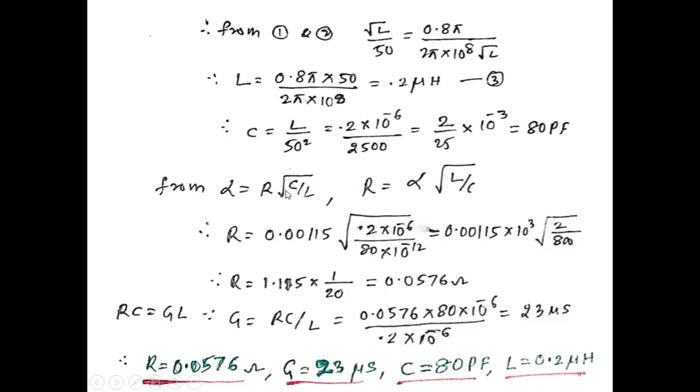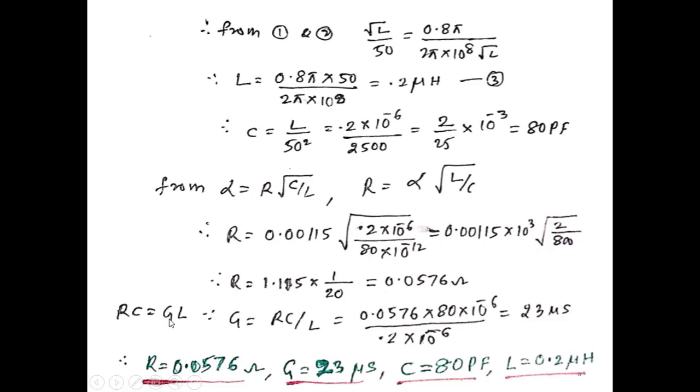So from alpha is equal to R root C by L, R is equal to alpha root of L by C. You can calculate R is given by alpha, which is 0.00115, times the square root of L, which is 0.2 microhenry, divided by C, which is 80 picofarad. Substitute and simplify. We get 0.00115 into 10 raised to 3 under root of 2 by 800. Therefore, R is equal to 1.115 into 1 by 20, which is equal to 0.0576 ohm.